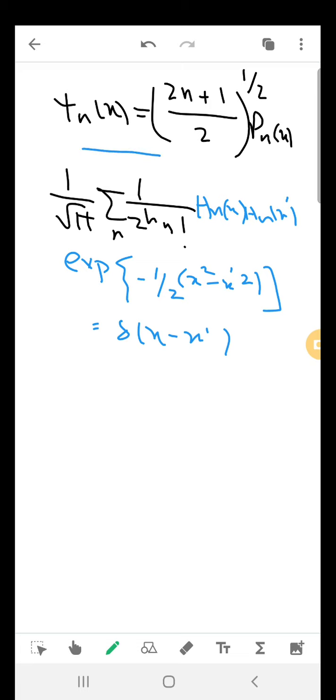So this forms a complete set of orthonormal functions in the domain minus 1 to plus 1.